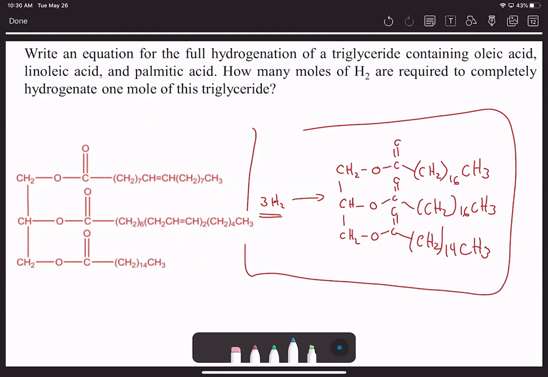From here to here, I'm going to count 16 carbons. There's 7, 8, 9, plus these 7. That gives me 16.